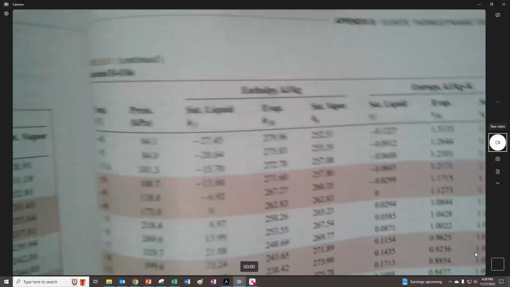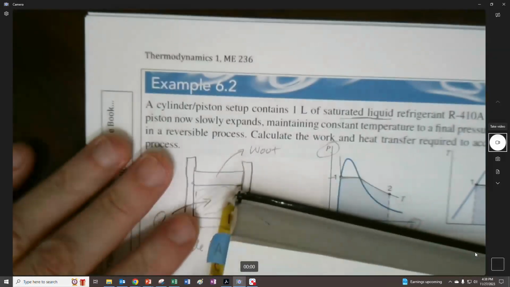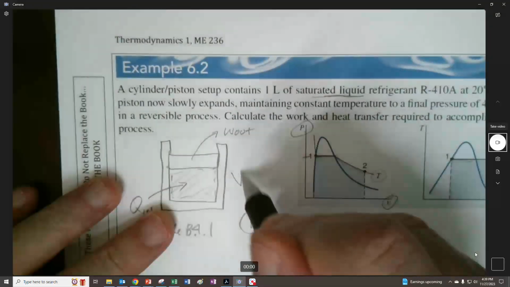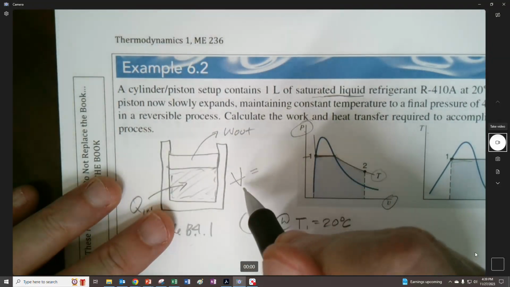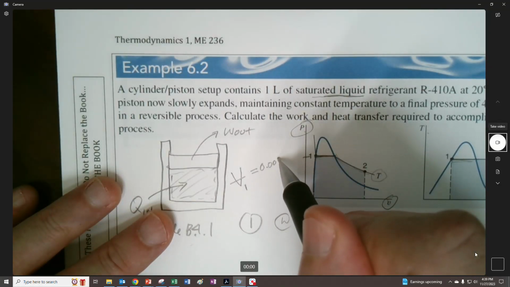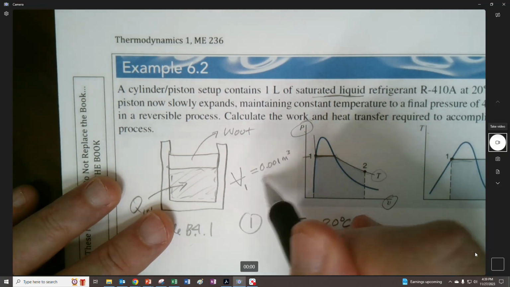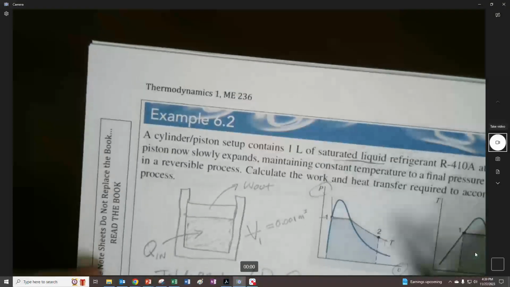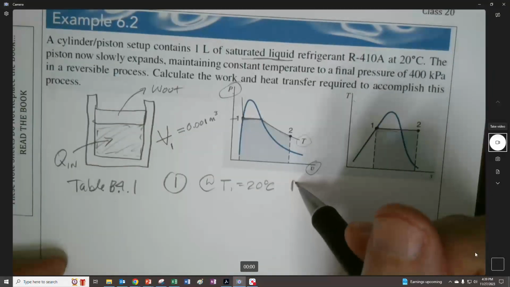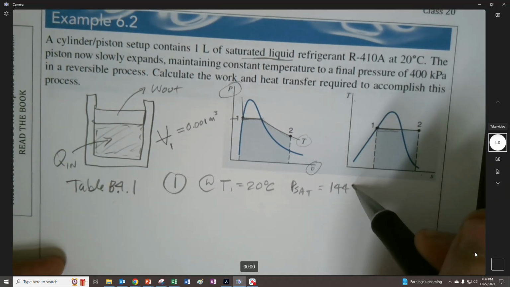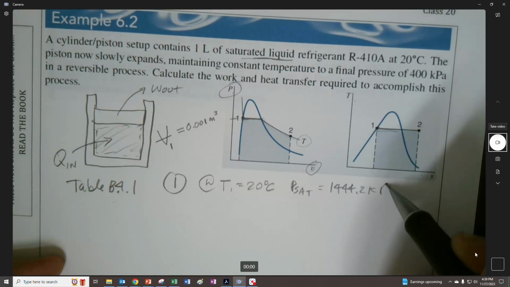We'll go ahead and write down some of the things that we know. Amongst the things that we're given, the volume is 1 liter, so the volume at state 1 is 0.001 cubic meters. Let me also write down the PSAT, which is 1,444.2 kilopascals.